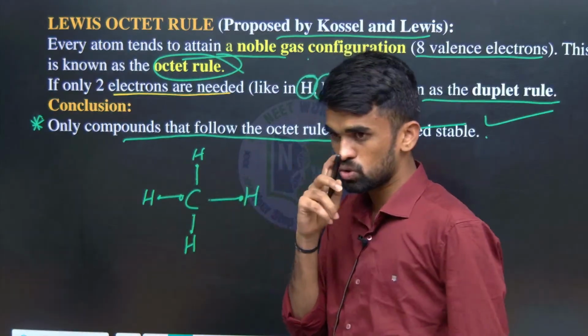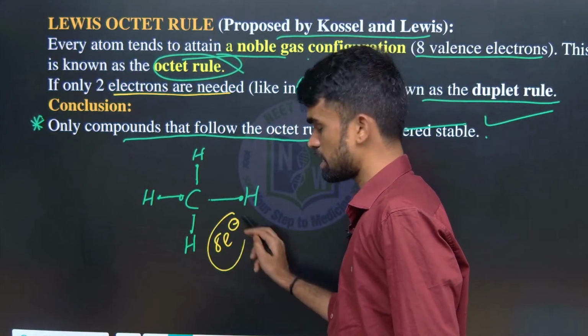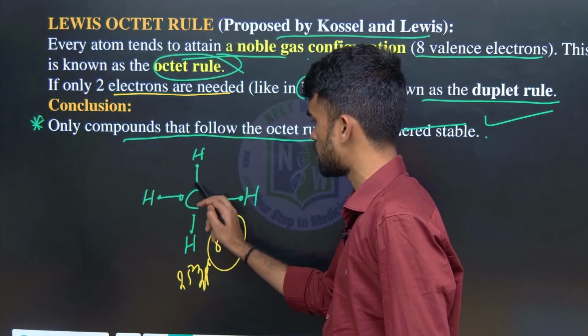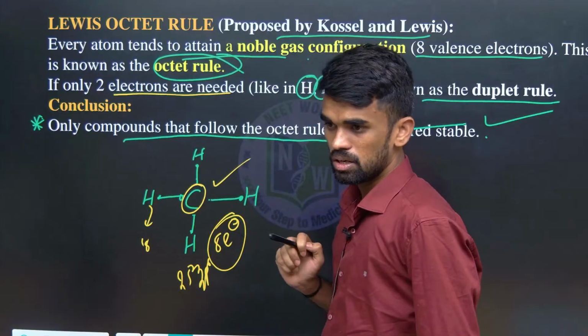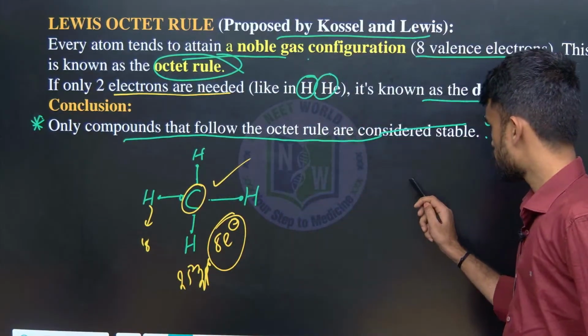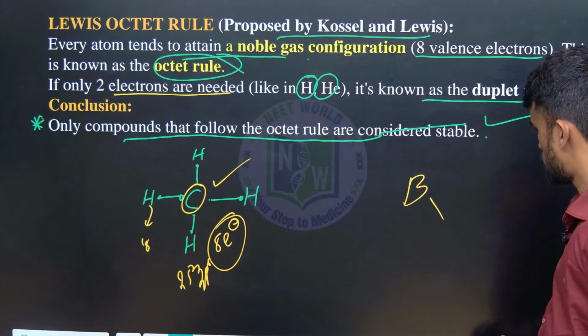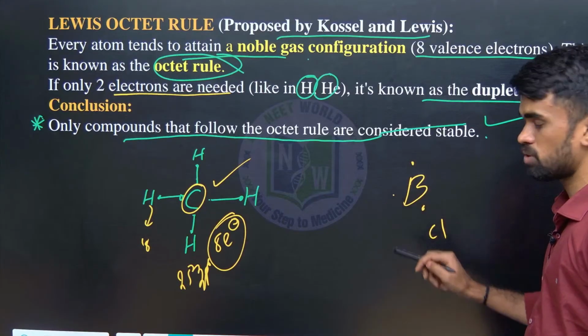One line represents 2 electrons, 1 bond, so 8 electrons. It gets the octet configuration, 2s2 2p6 electronic configuration for carbon. For hydrogen 1s2, so it is stable. Now considering BCl3, boron has 3 unpaired electrons, let us put it like this.